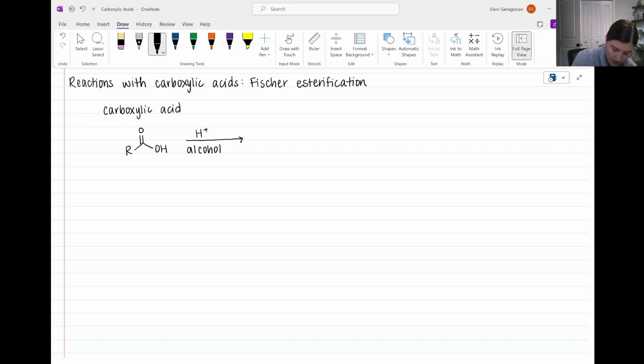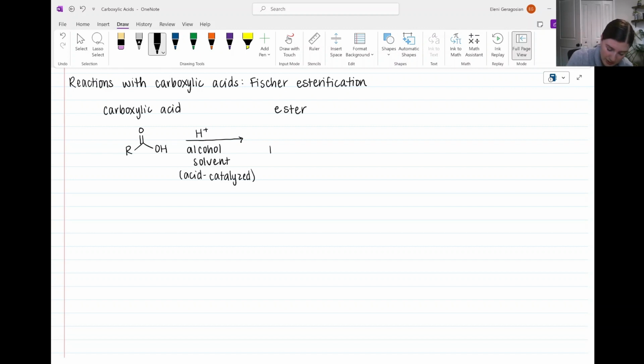And which alcohol solvent you use will influence the product that you obtain. So we have carboxylic acid, acidic alcohol solvent, so this is acid catalyzed, and this forms an ester, so that's why it's called esterification.